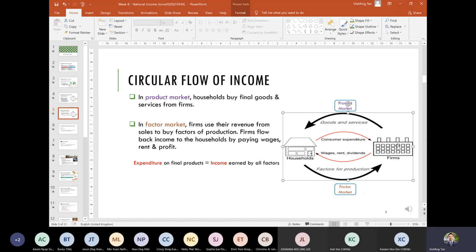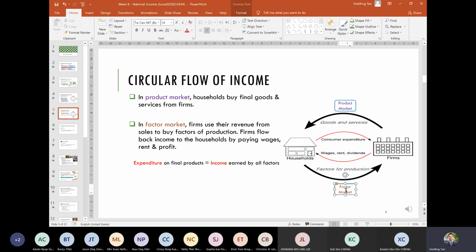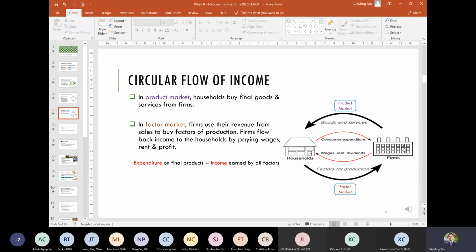Then how about the factor market? The factor market involves transactions for factors of production. In the factor market, the firms will use the revenue received to buy the four factors of production from the household.